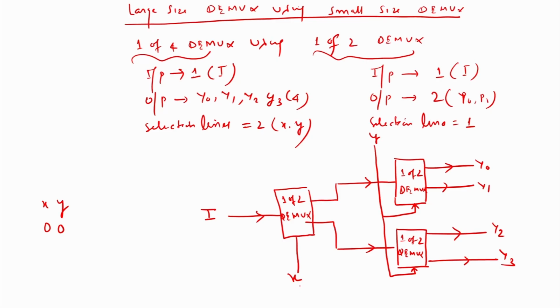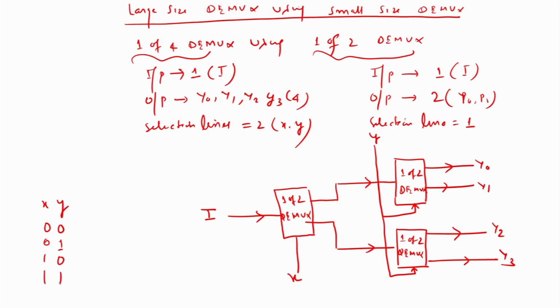Similarly, when x is 0 and y is 1, this particular output line is selected as input line. So this represents y1. Similarly, for y2, x is 1 and y is 0, this particular output is selected as input, and this represents y2, similarly y3.